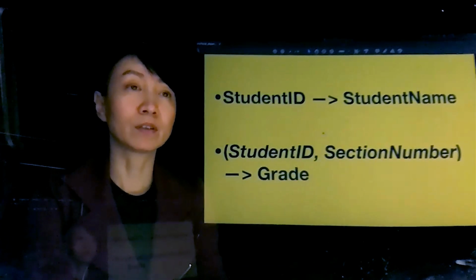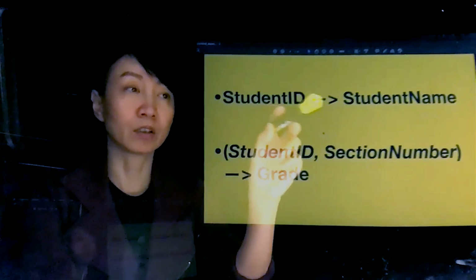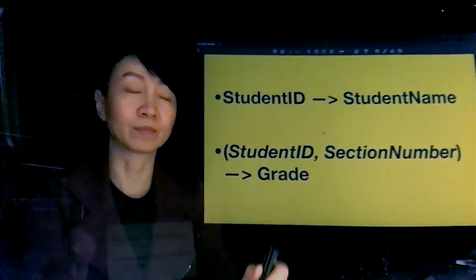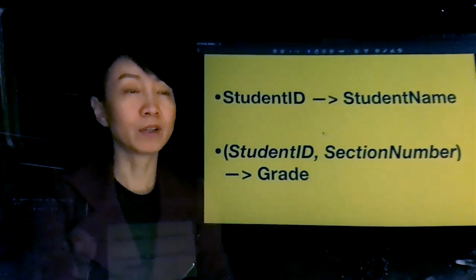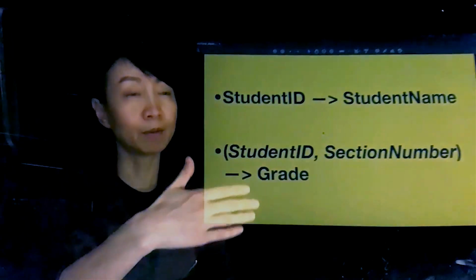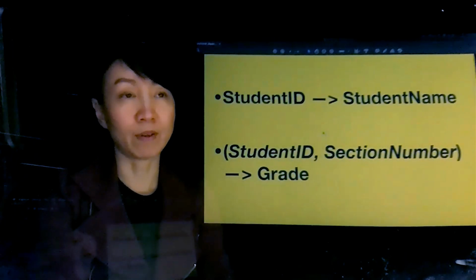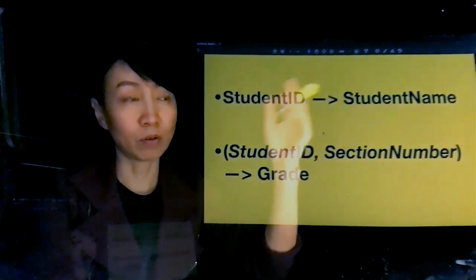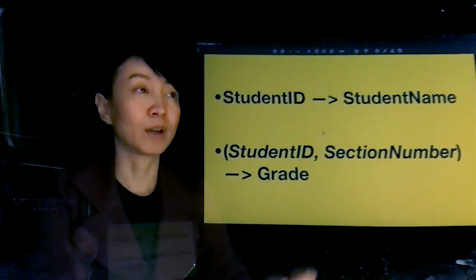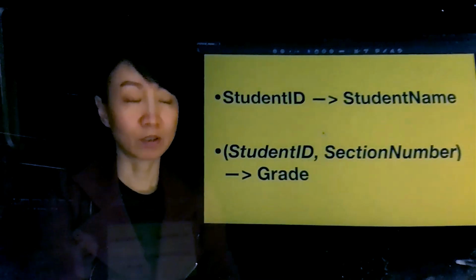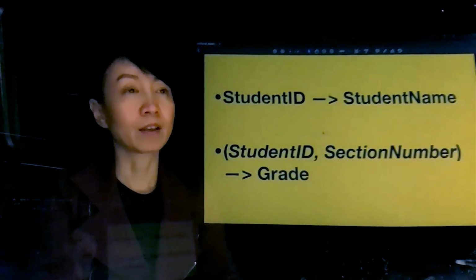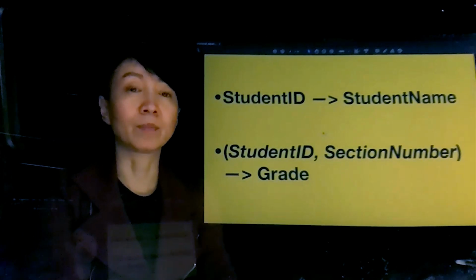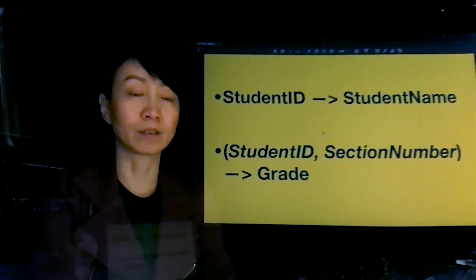The first one is student ID determines student name. So here, it means if we know the value of student ID, we can also know the value of student name. This is what the functional dependence tells us.